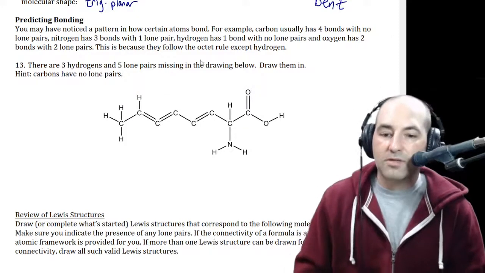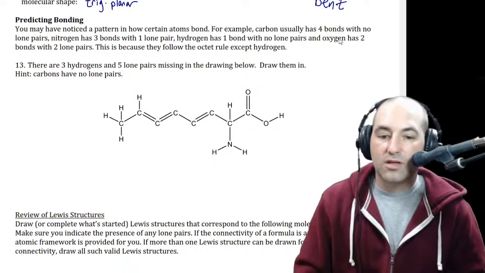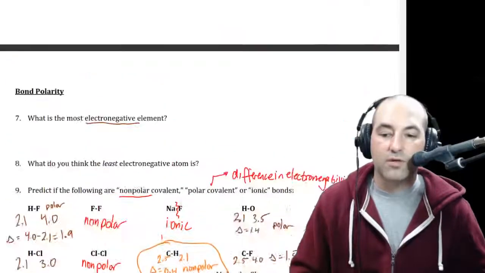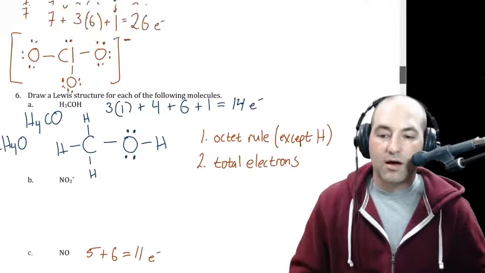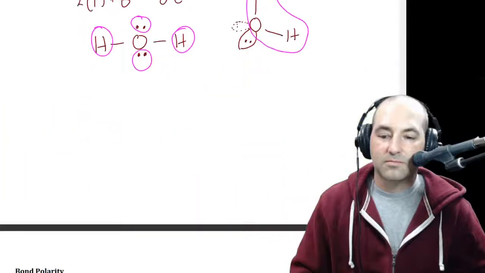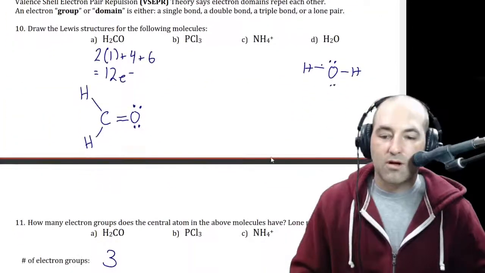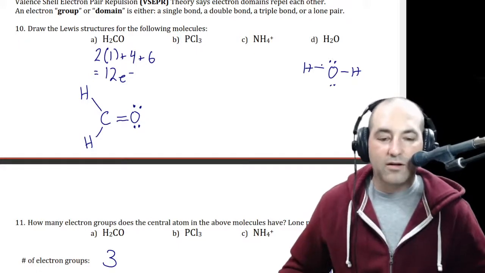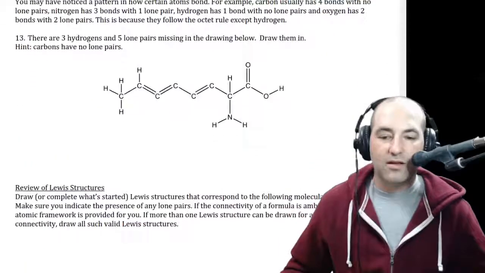So for atoms like carbon, carbon usually has 4 bonds with no lone pairs. If you look at every single structure we've drawn with a carbon atom in it, I don't know how many there are here, but there's one. Carbon, 4 bonds, no lone pairs. Carbon, 4 bonds, no lone pairs. So there are these patterns that are not like laws.